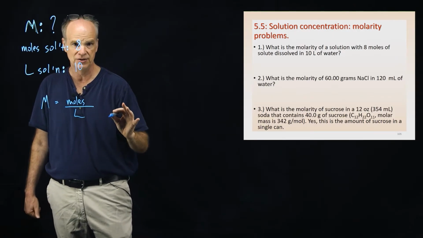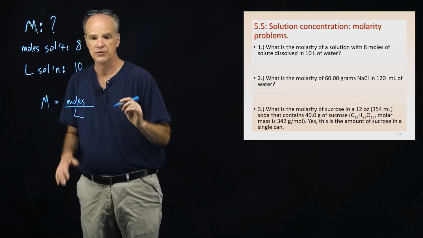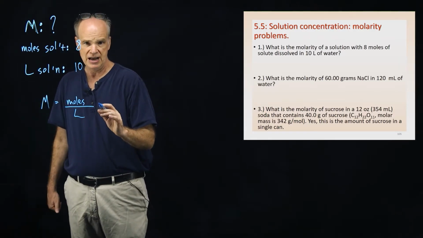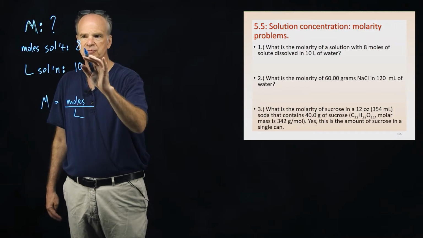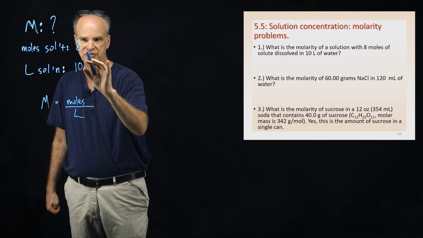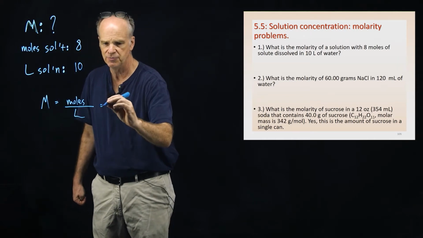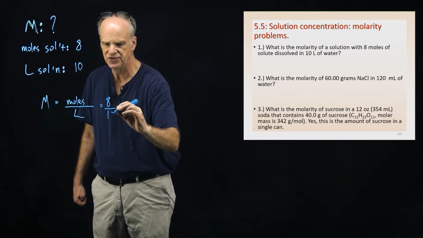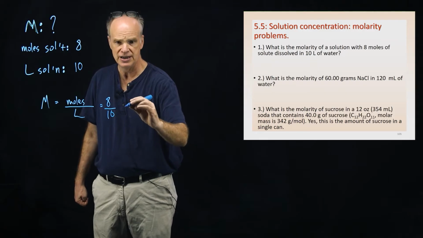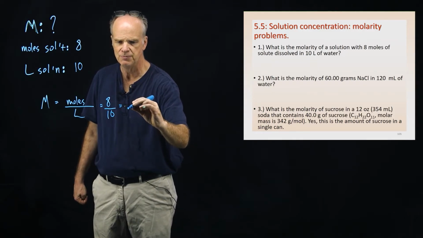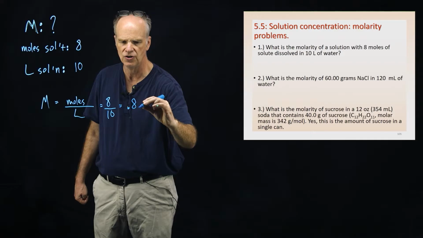And so the question is this. Can we solve for M? Yes, because moles of solute has been assigned a number and the liter solution has been assigned a number. So it's just plugging in 8 divided by 10. And so the molarity of this solution should be 0.8 molar.